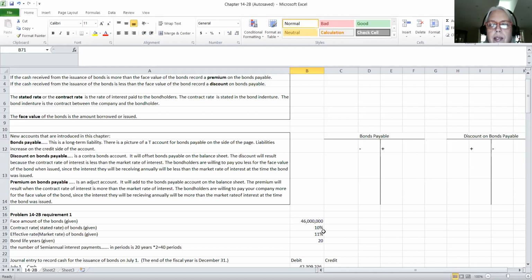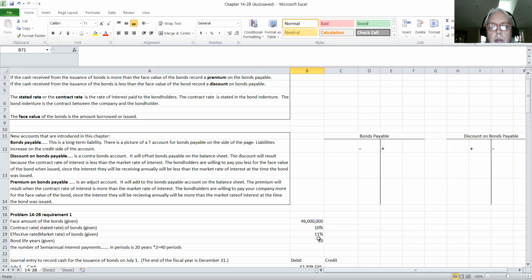In other words, the semi-annual interest rate for this problem is 5%. 5% is what we're going to pay in interest off of the $46 million bond issue. And we will do that every 6 months. So 5% of 46 million is what we would pay in interest to our bondholders every 6 months.